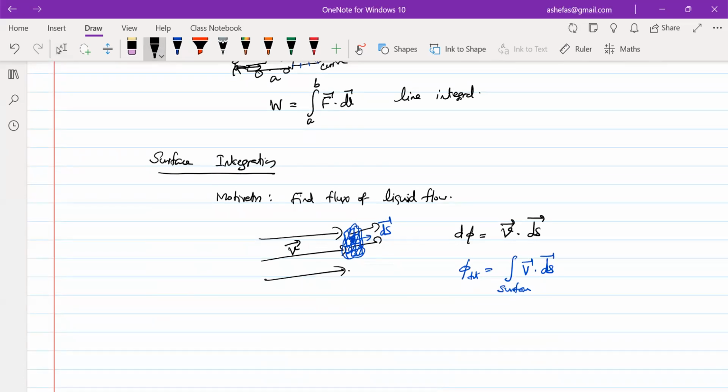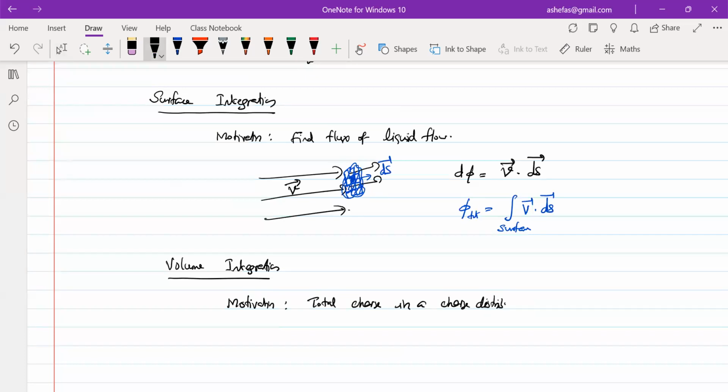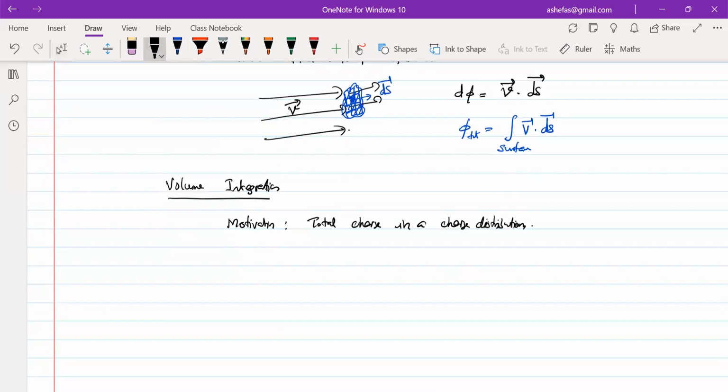Next is the volume integration. Now, what is the motivation behind this volume integration? So, motivation can be to find the total charge in a charge distribution. So, this is only one example, so there can be many other examples as well. Suppose you have some charge distribution.